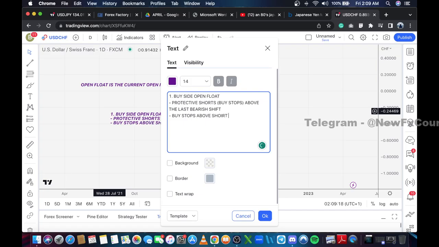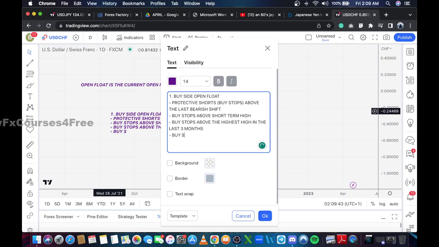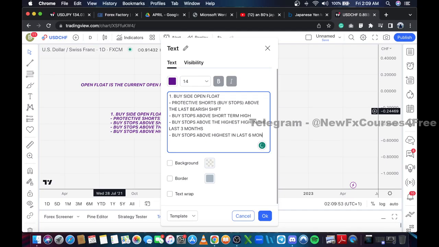above short-term high, buy stops above the highest high in the last 3 months, buy stops above the highest high in last 6 months.